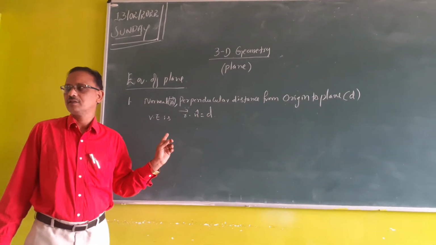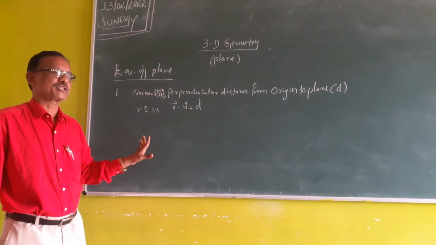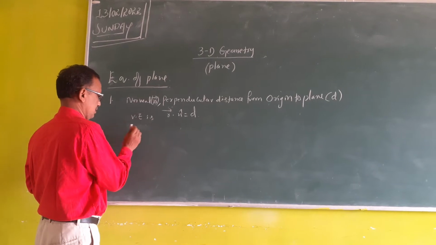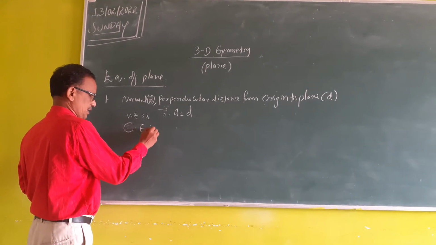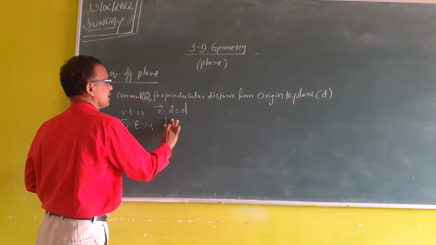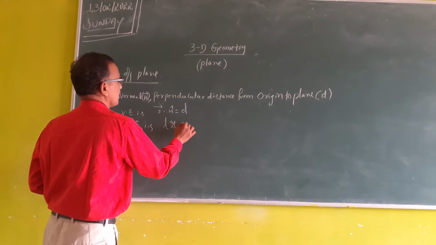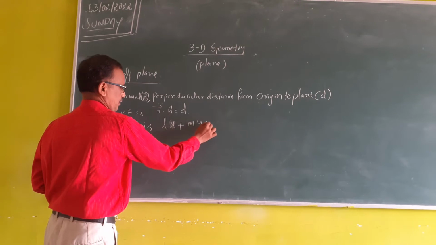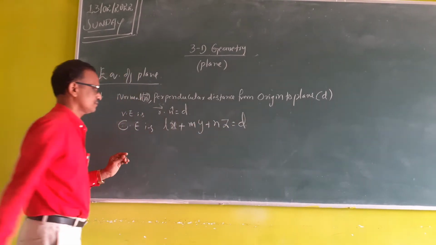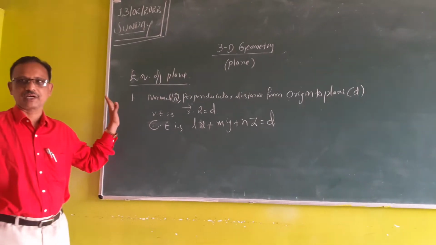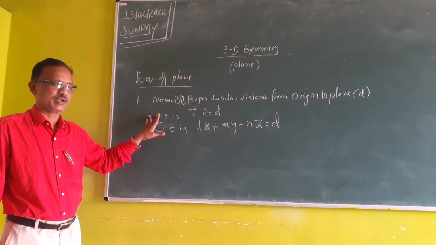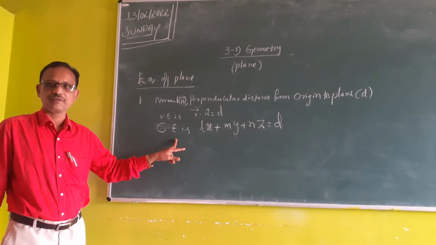Its Cartesian form, Cartesian equation, is lx plus my plus nz equal to d. So under first condition, these are the equations, vector equation and Cartesian equation.